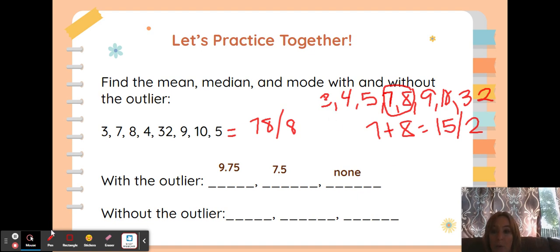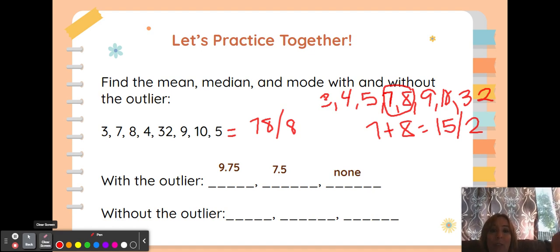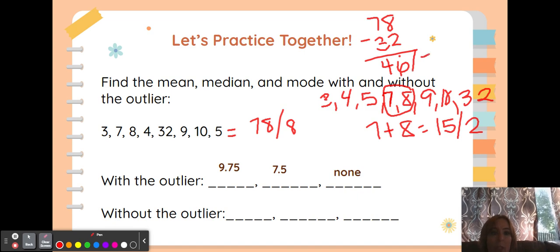Okay, now here we are. We got to do this same mean without the outlier. So I'm going to take 78 and subtract the 32. That's going to get me 46. We divided by 8 first, but I'm going to divide it by 7 this time because I have one less number.